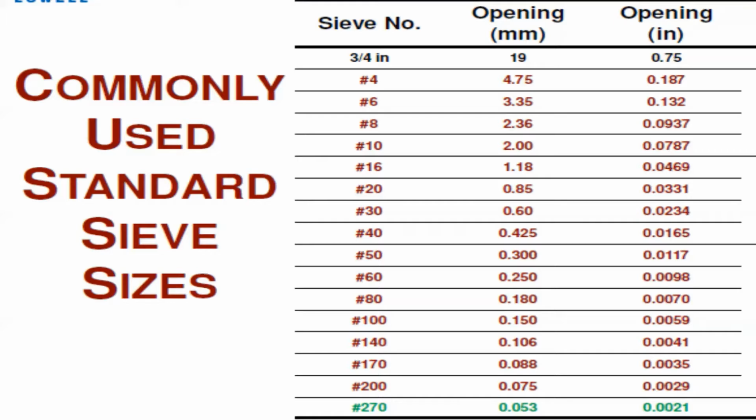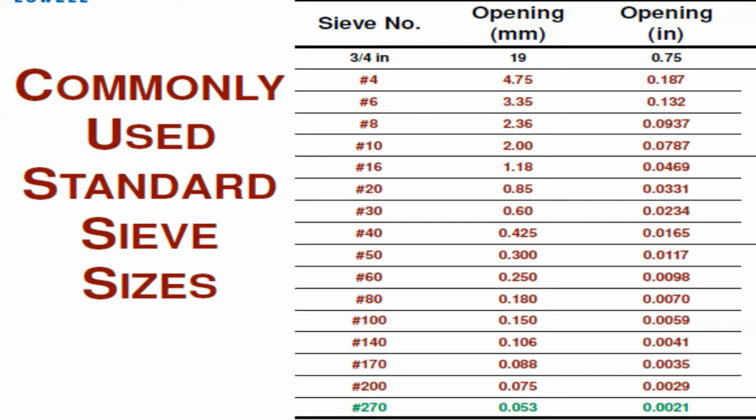So this is the way to categorize the sieve sizes, in millimeter and in inches. When you are making a sieve analysis graph, you have to use the opening in millimeter or inches, not the sieve number like number 4, number 6, number 8, number 10. That will be easier for you.